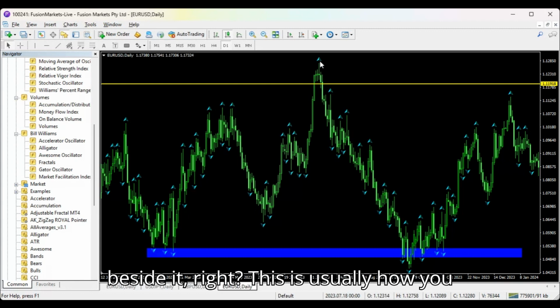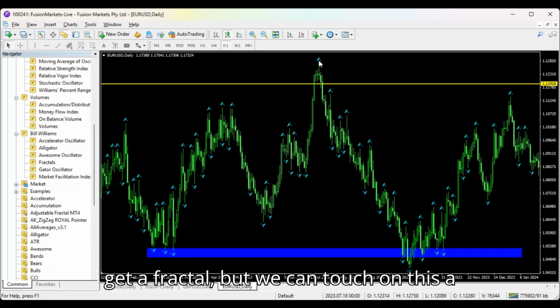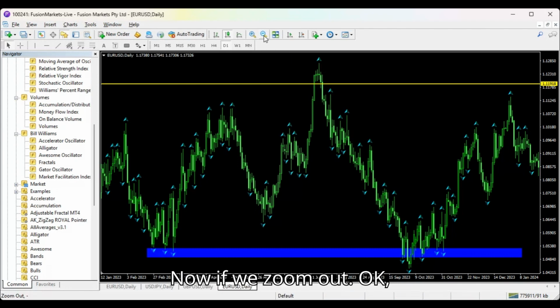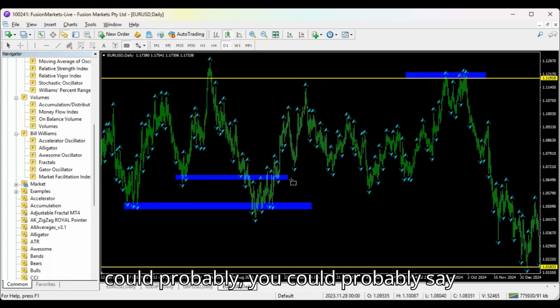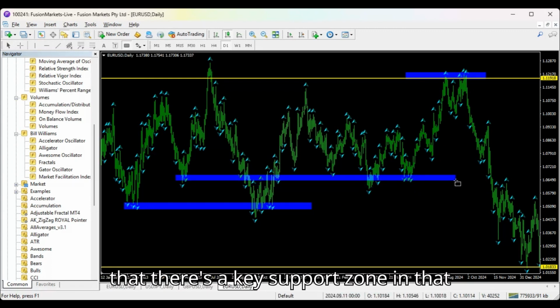This is usually how you get a fractal, but we can touch on this a little bit more later on. Now, if we zoom out, you'll find some key support areas. You could probably say that there's a key support zone in that space, and the more it touches those support zones, the more it validates those areas of support.